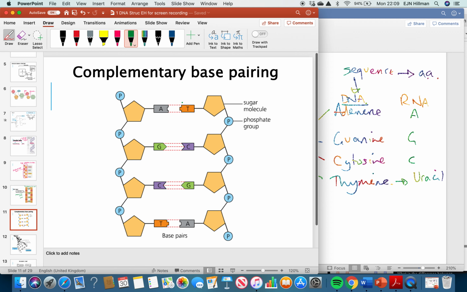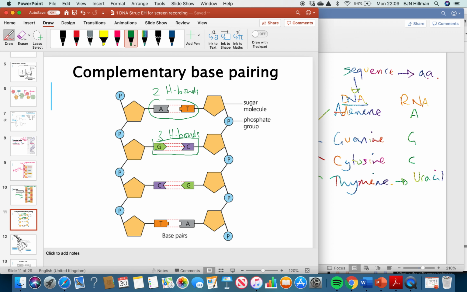There we can see the complementary base pairing. So adenine and thymine, we can see 2 hydrogen bonds between those bases, 3 hydrogen bonds between the cytosine and the guanine.